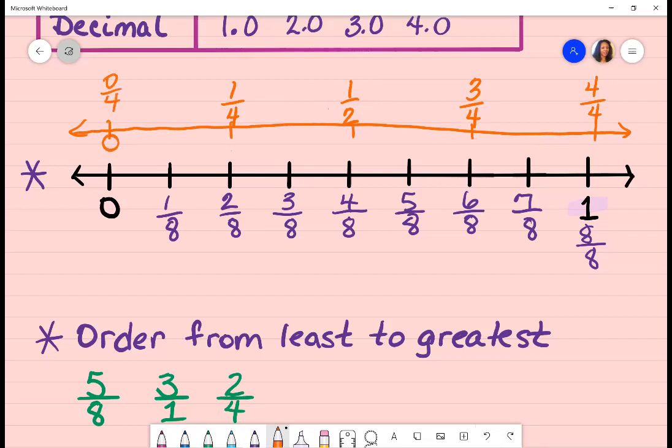And then below I could have said 0 out of 8. 0 divided by 8 is 0, and so is 0 divided by 4, still 0. The only difference is the tick mark. So on the orange one, I'm going from 1, 2, 3, 4. So I know that at the end, where this is 1, it's going to be the same numerator and the same denominator. I already know that.